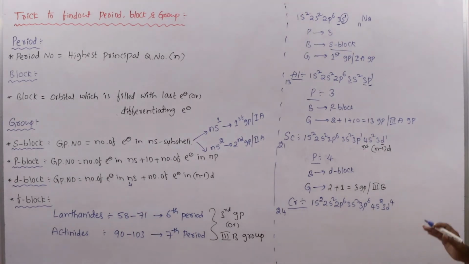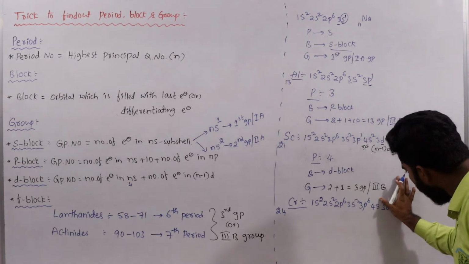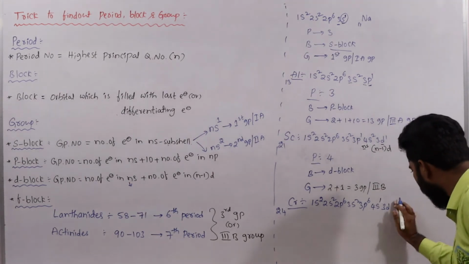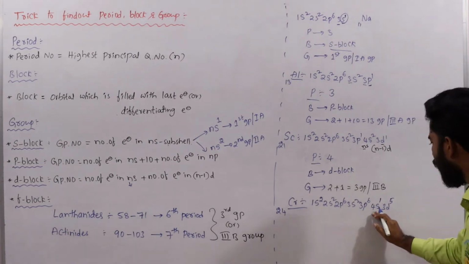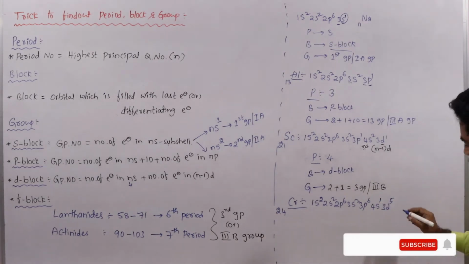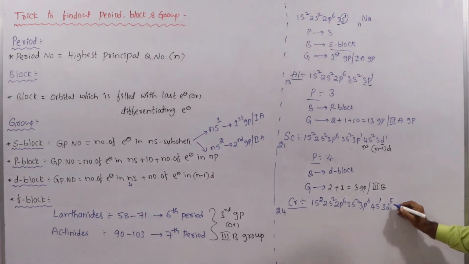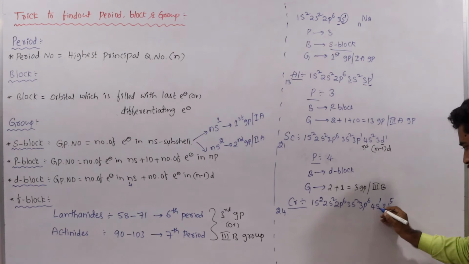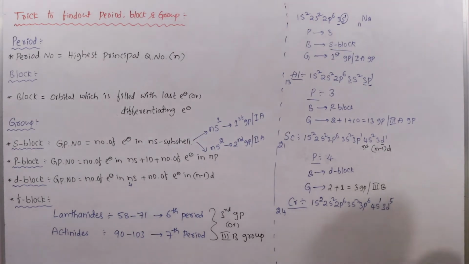So this is the expected electronic configuration. But here, to get stability, one electron from the s orbital enters into the 3d orbital. Then the configuration becomes 4s1, 3d5. Here d5 means half-filled configuration. So to get stability, an electron jumps from the 4s orbital to the 3d orbital. This is the actual electronic configuration of chromium.